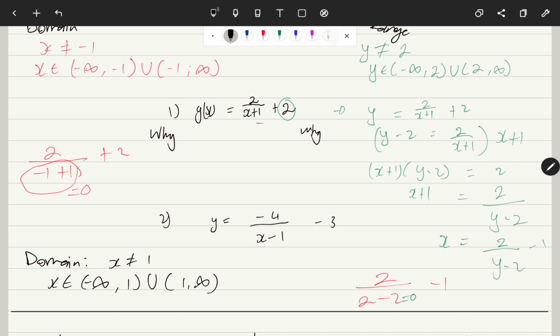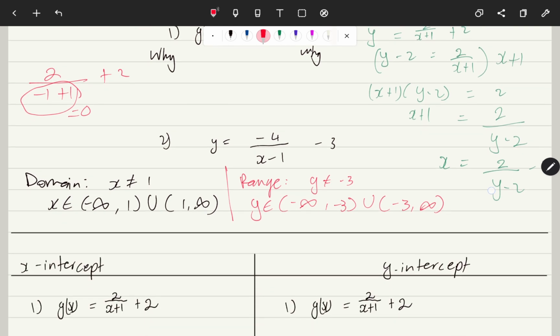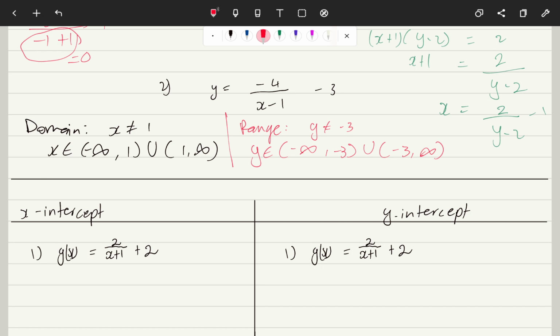As for the range, you would say y is not equal to -3, or you could say y is an element of (negative infinity, -3) union (-3, positive infinity), and you are done. You have defined your range and your domain.